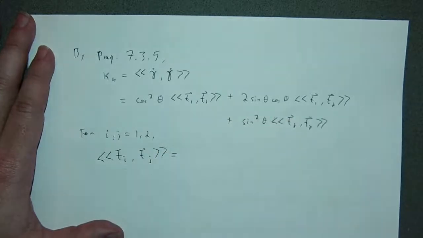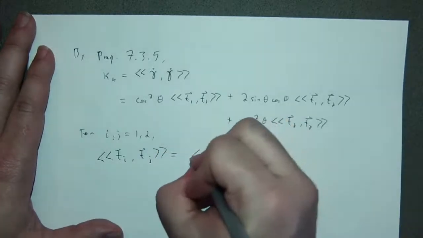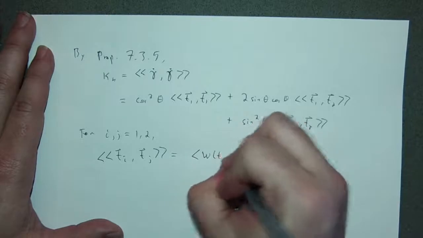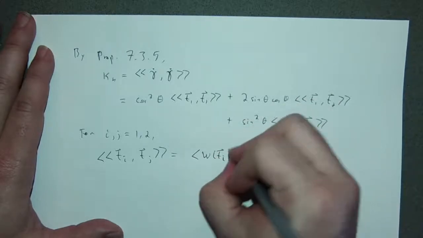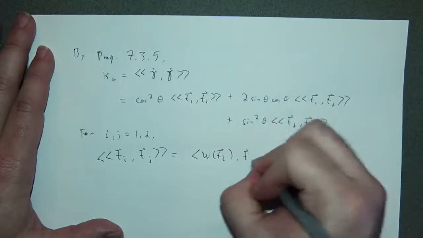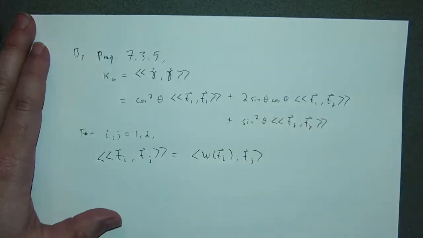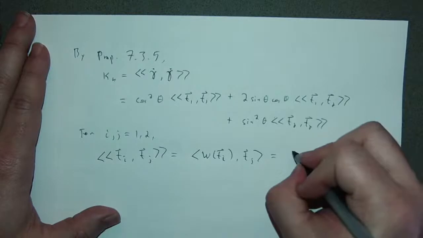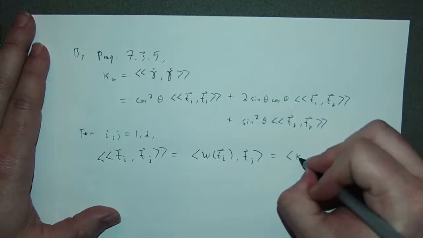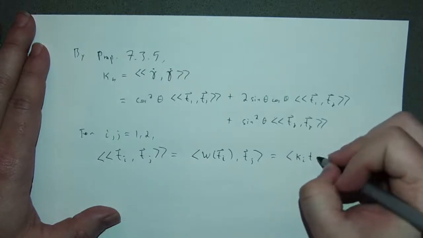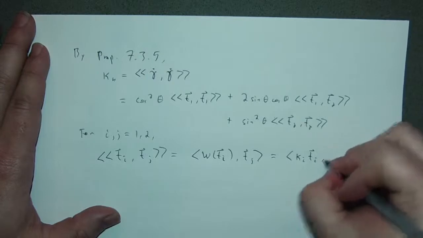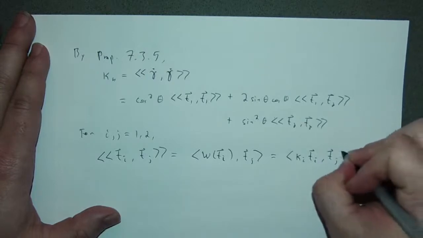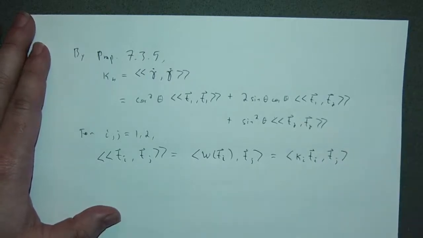Well, by definition of the second fundamental form in terms of the Weingarten map, this is W of t sub i, paired with t sub j in the first fundamental form. But of course, the Weingarten map gives kappa sub i, t sub i, paired with t sub j here.